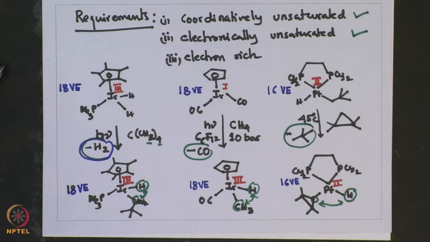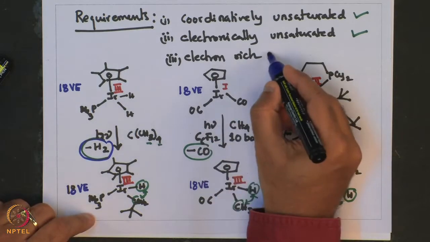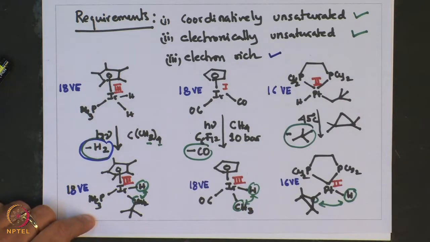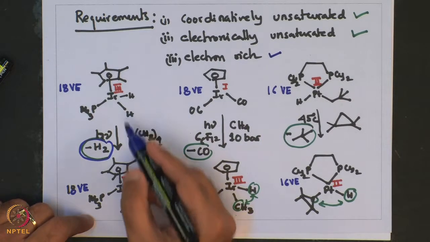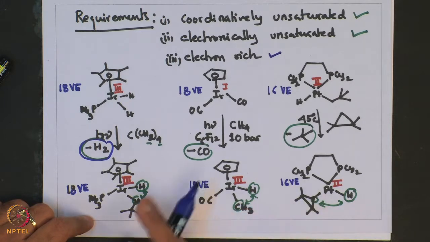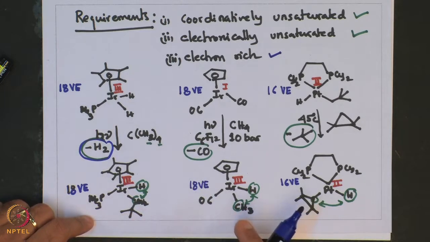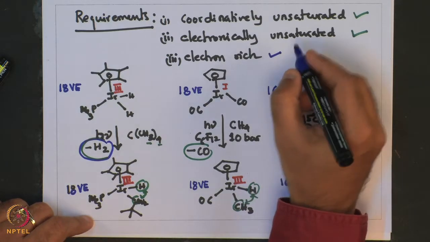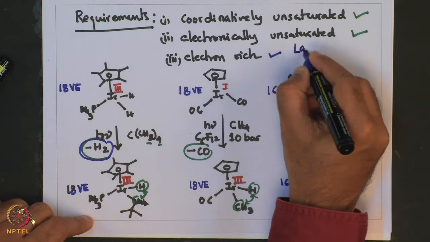Now, as far as the third criterion, electron richness, is concerned, it becomes clear that all of these transition metal hydridoalkyl complexes that have shown CH activation are electron rich late transition metal complexes.